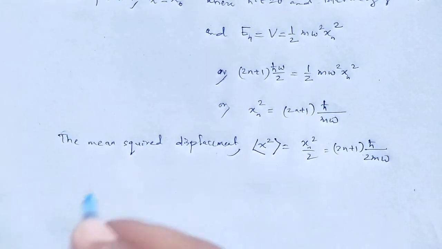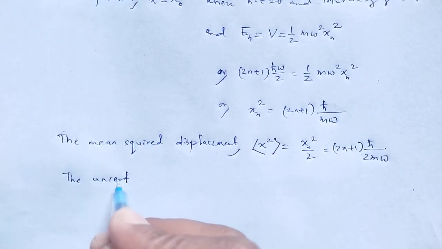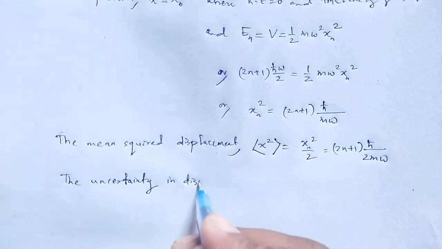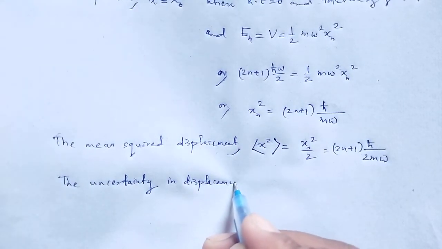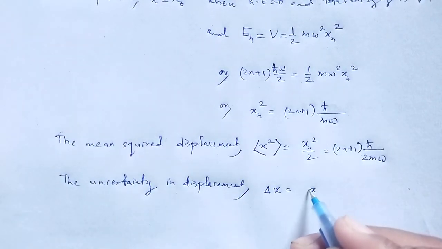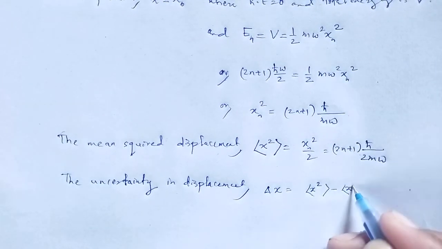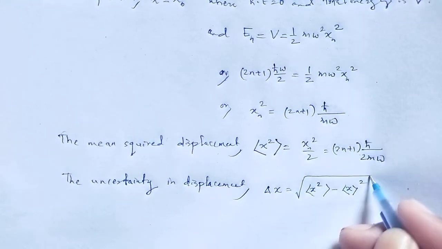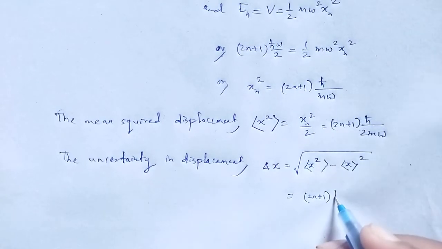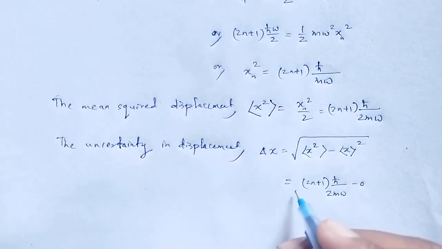And the uncertainty in displacement, Δx, is equal to the square root of ⟨x²⟩ minus ⟨x⟩², which is equal to (2n+1)ħ/(2mω) minus 0.